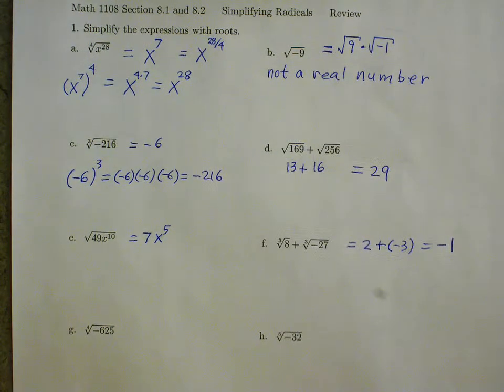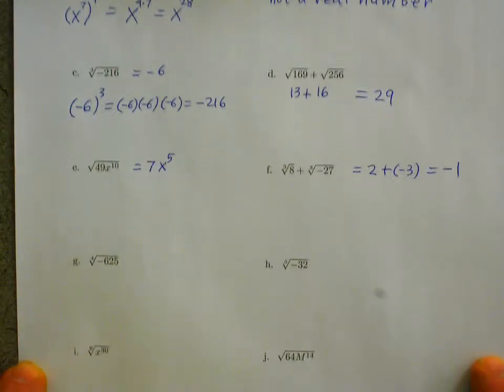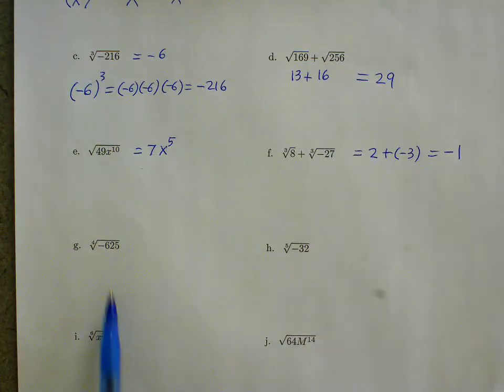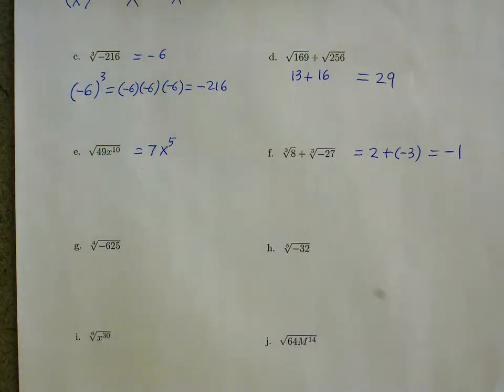Okay, part G. The fourth root of negative 625.